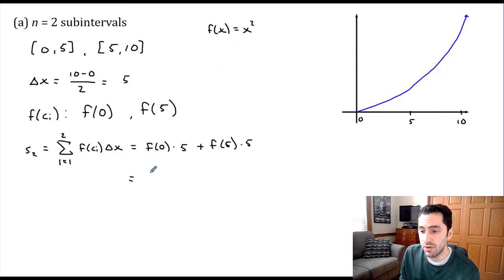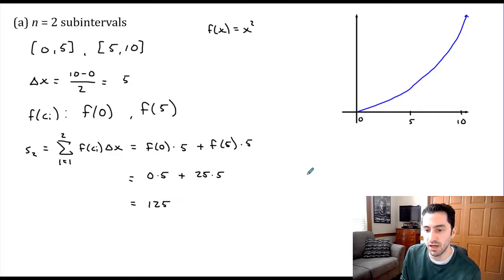So f of 0 is 0, and f of 5 times 5 is 25. So our approximation, 0 times 5 is 0, plus 25 times 5, is 125 square units.